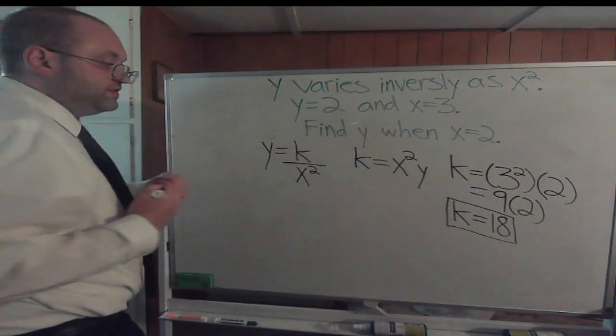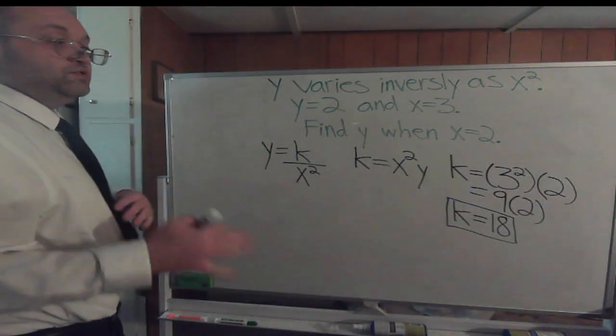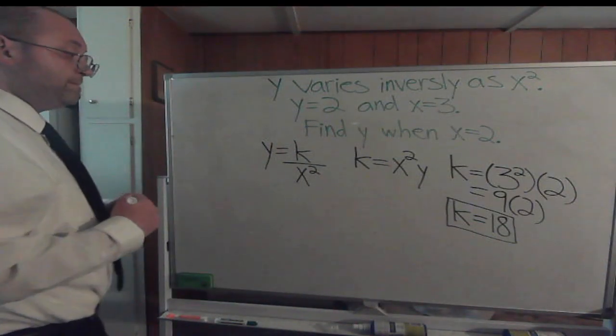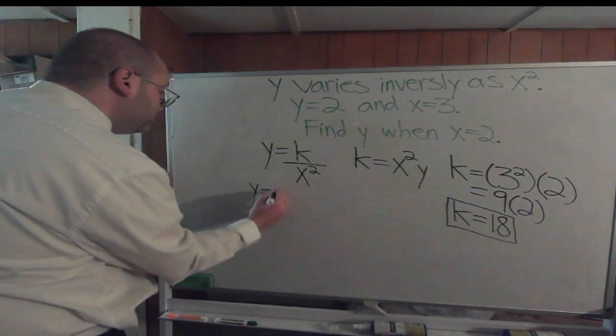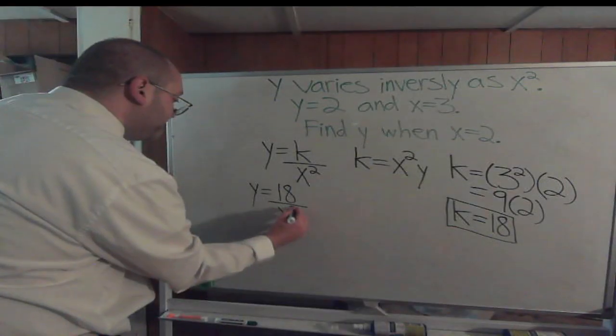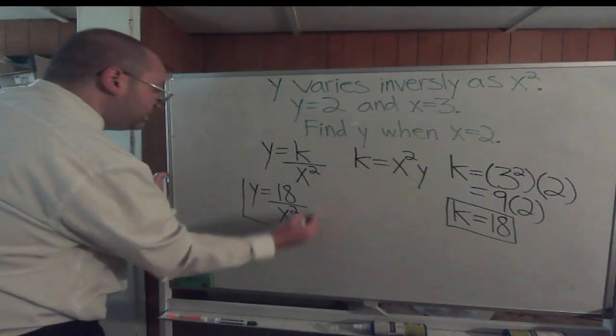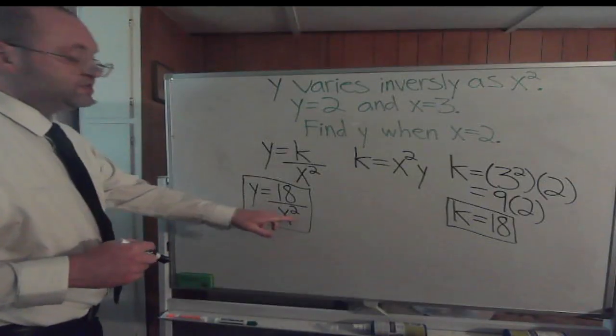So the constant of variation k is 18. Now we need to write the new equation with that constant of variation. That means y is going to equal 18 over x squared. That would be your new equation of inverse variation. Y would equal 18 over x squared.